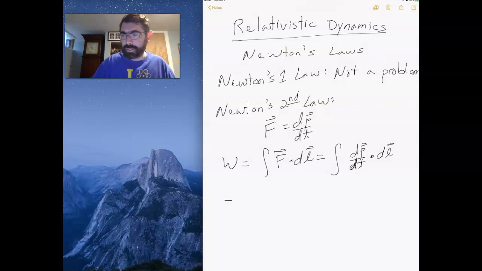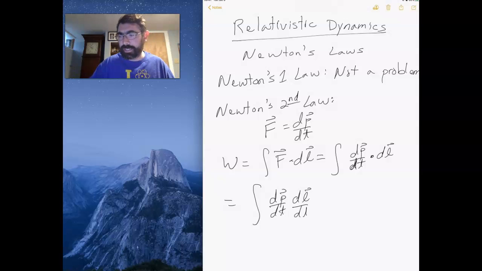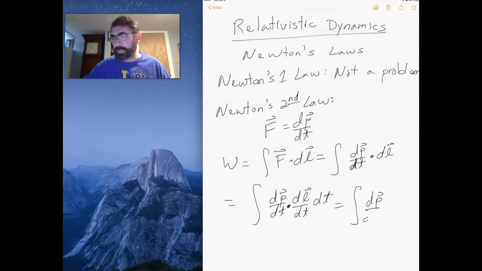To do that, I'm going to rewrite the dl as dl/dt times dt, where I'm now integrating over time as opposed to length. If I write it like that, dl/dt is a velocity. So what I have is my force times my velocity, now integrating over the time.